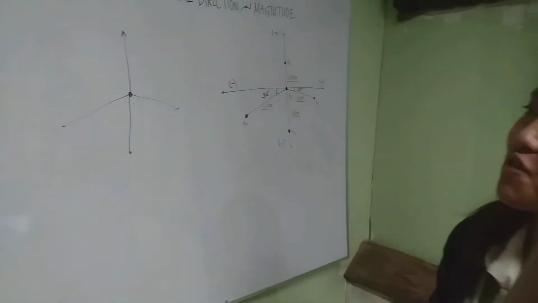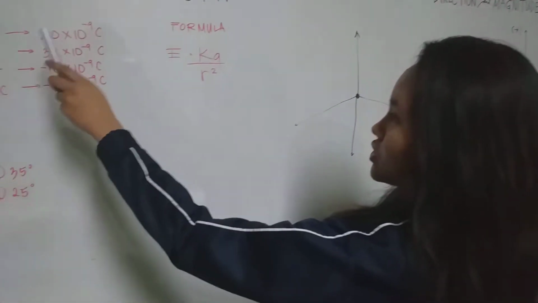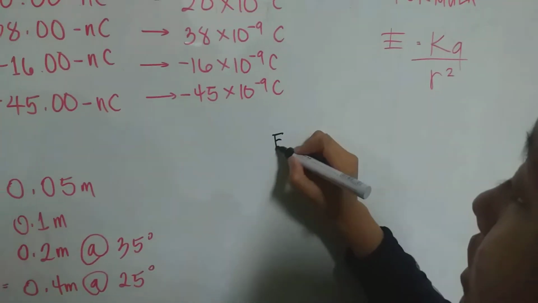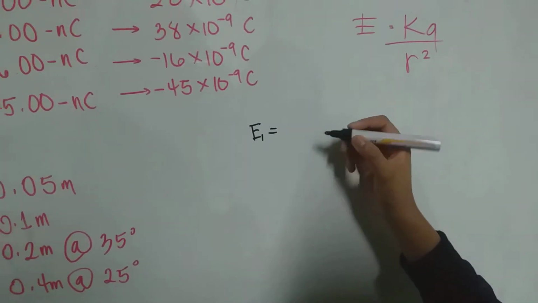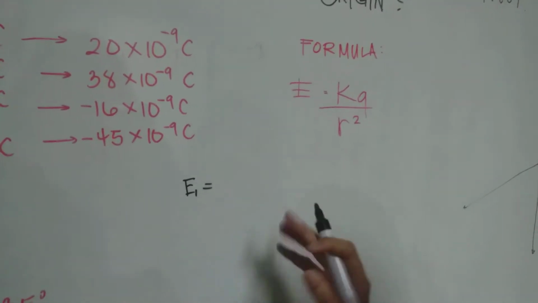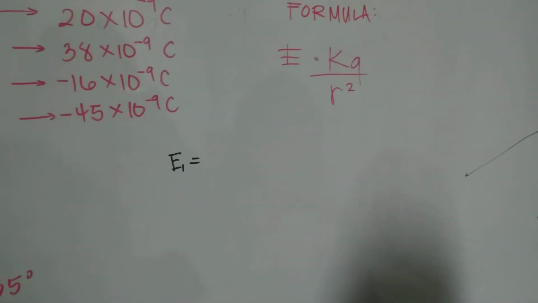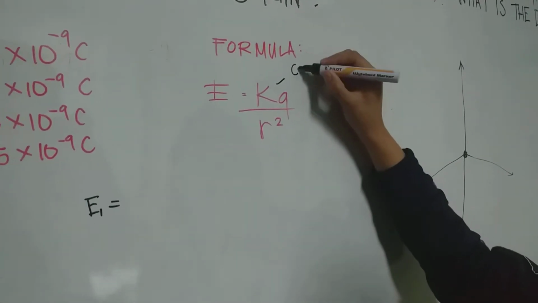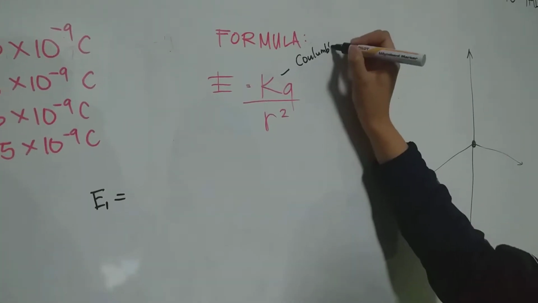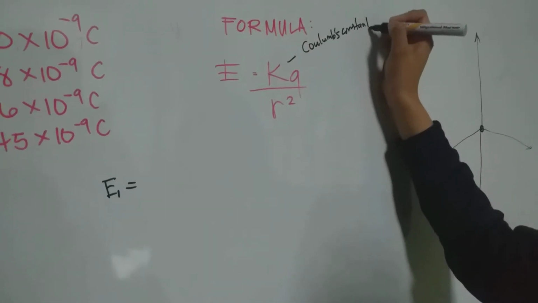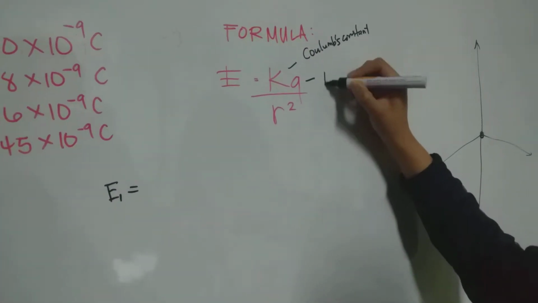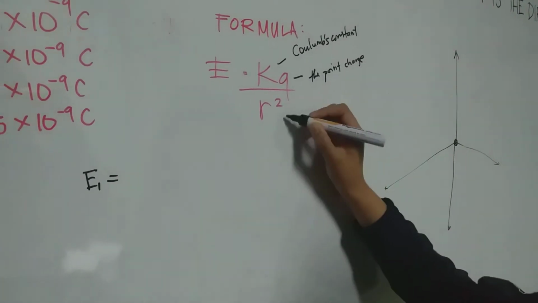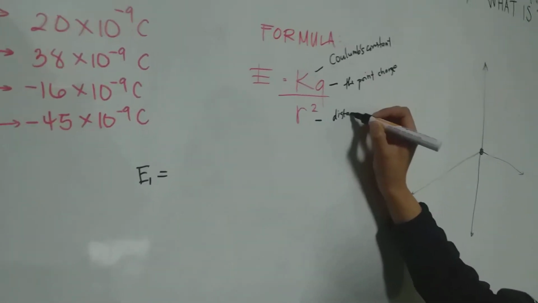In calculating the electric field for each point, for the first point, E1 is equivalent to, following this equation, wherein K is the Coulomb's constant, Q the point charge, and R the distance between the charges.